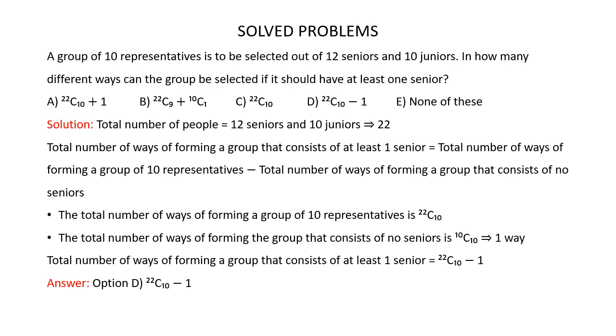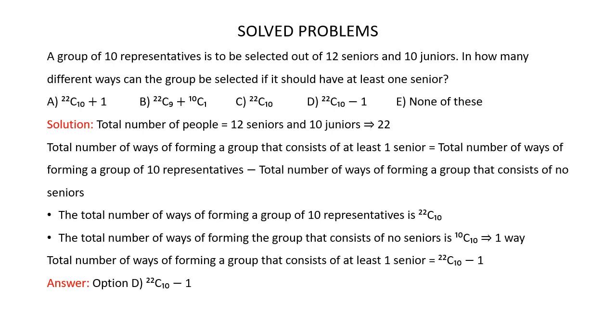Now, if you follow the method of finding the number of ways where the group can have one senior and 9 juniors, or 2 seniors and 8 juniors, and so on, till all 10 seniors, it is going to be very cumbersome. That method is going to be very long and cumbersome.